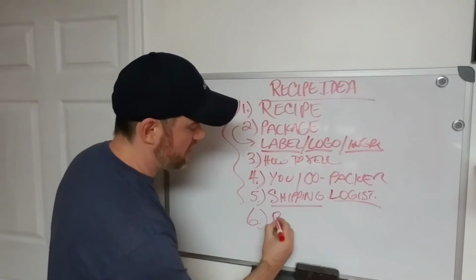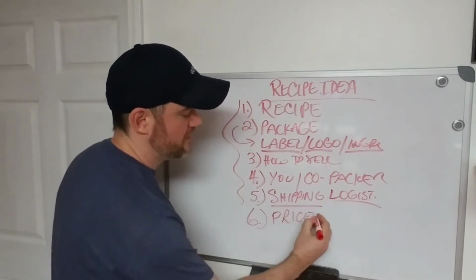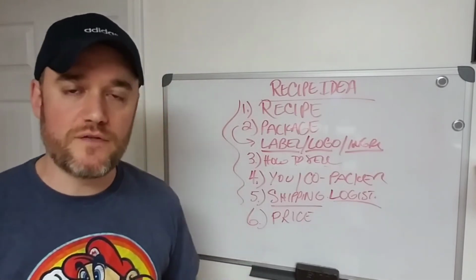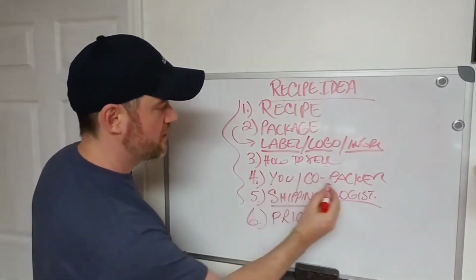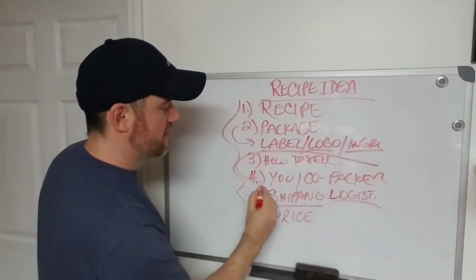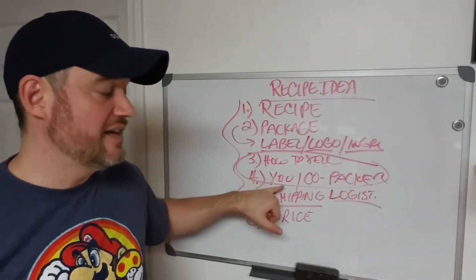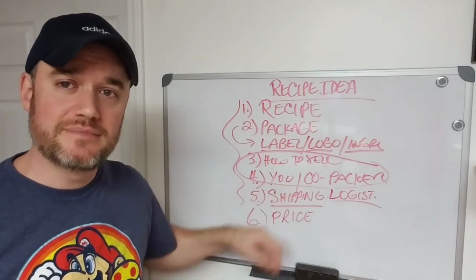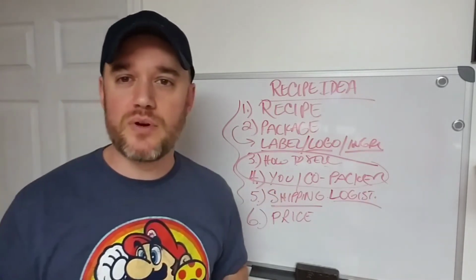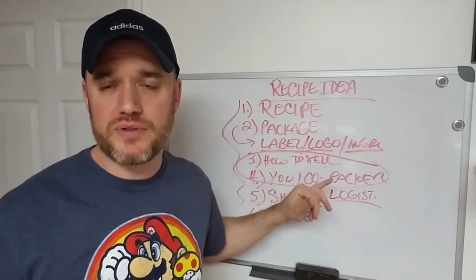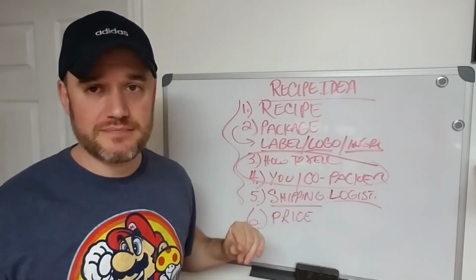So then you want to figure your price. In order for you to determine the price, it's also going to be important for you to figure out for sure these right here, number 3 and number 4. Number 3 is how to sell it, and number 4, who's making it. Why is that important? Because these two steps are going to be huge variables in figuring out your pricing.